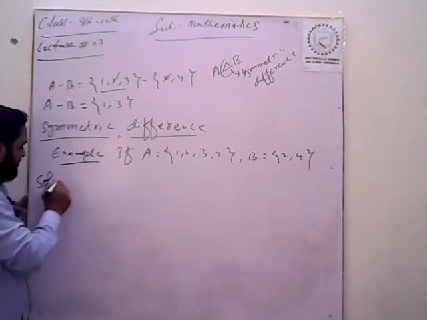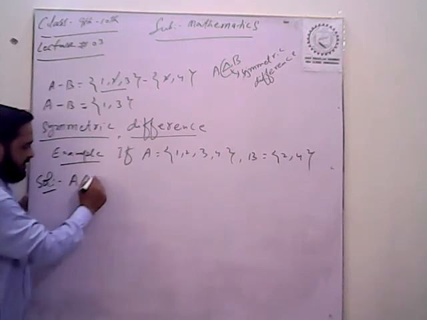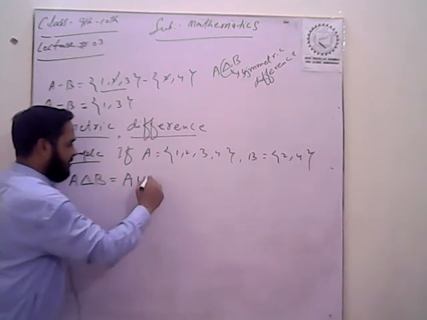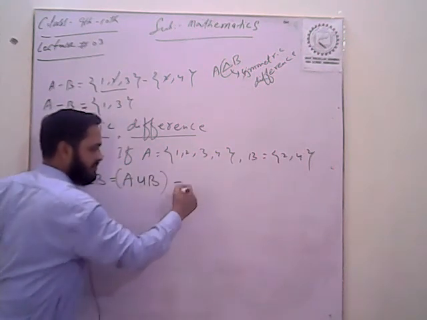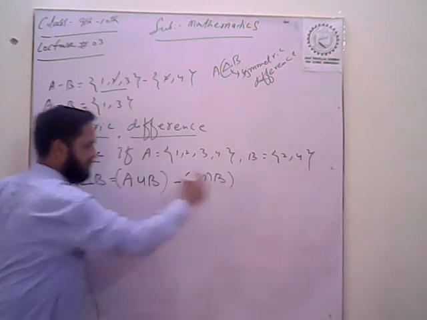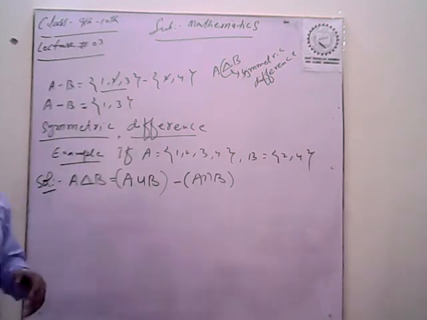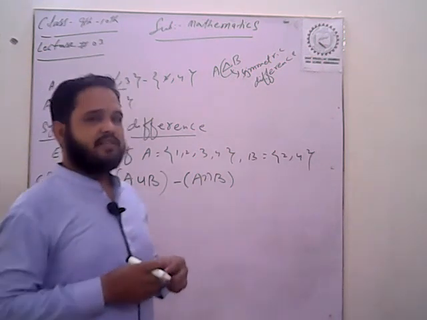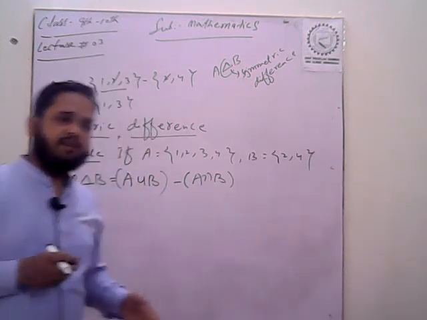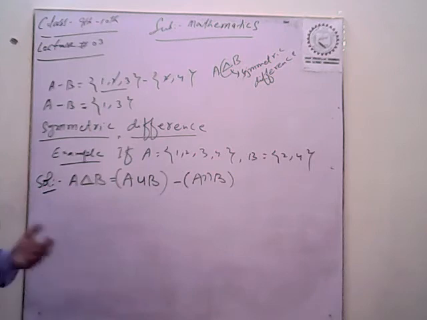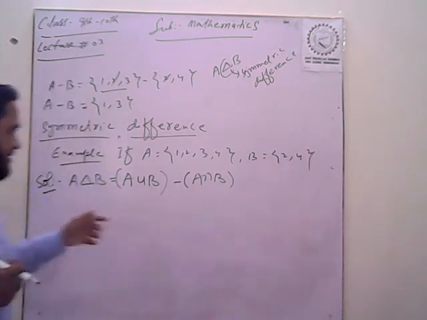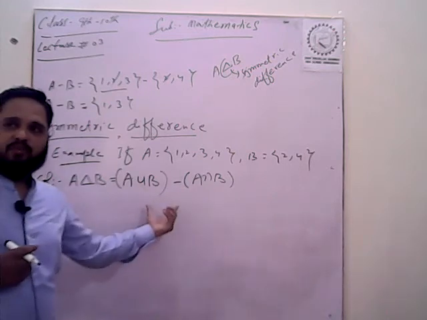Now the solution is that A symmetric difference B is equal to A union B minus A intersection B, which means first we solve the union of two sets, then the intersection of two sets.